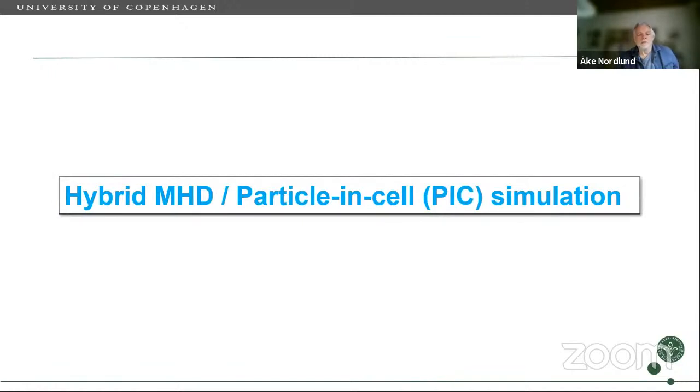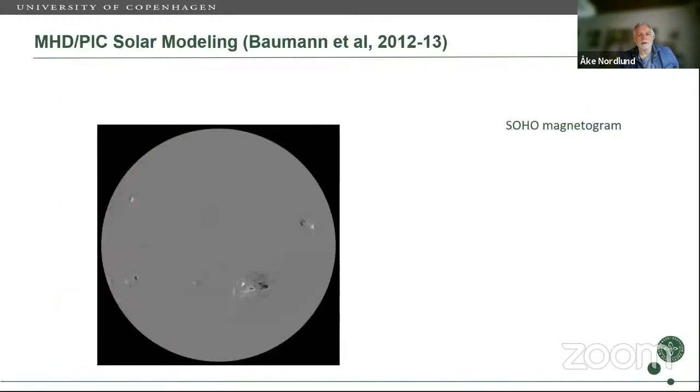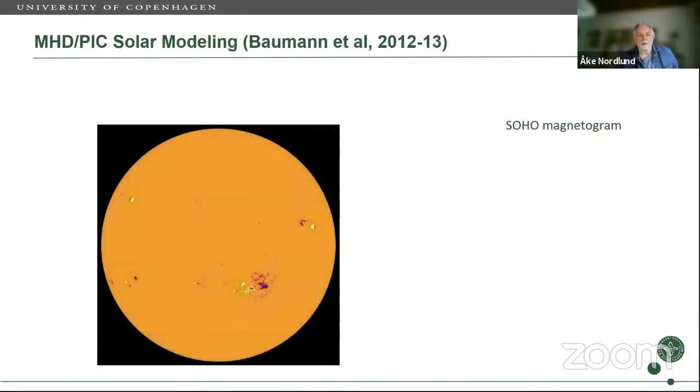Let's just very briefly also mention how to do particles, because you can't really understand the corona with its particle acceleration without doing particles. We've done that some years ago with Gisela Baumann as a PhD student.